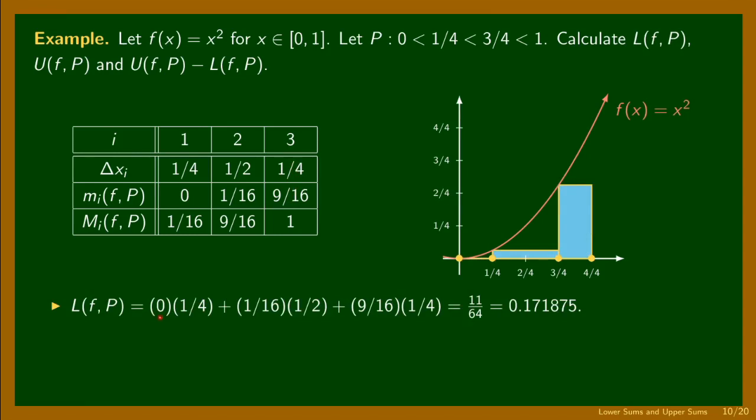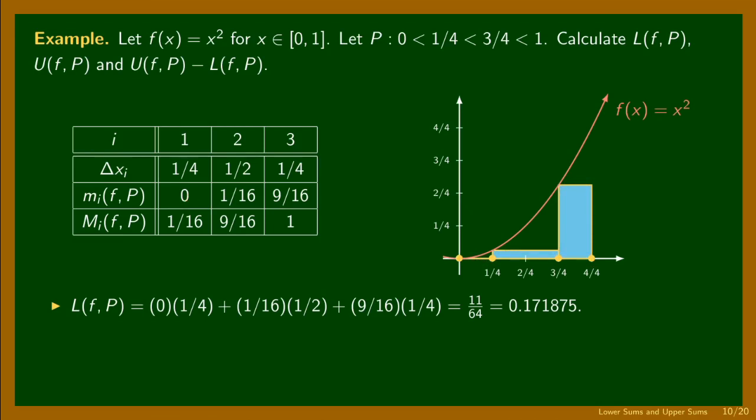So, this is 0 times 1/4, 1/16 times 1/2, and 9/16 times 1/4. If you add all of them, you'll get the sum 11/64 or 0.171875. In pictures, these are your lower rectangles. You see that our first rectangle has no height at all because your mi is 0.